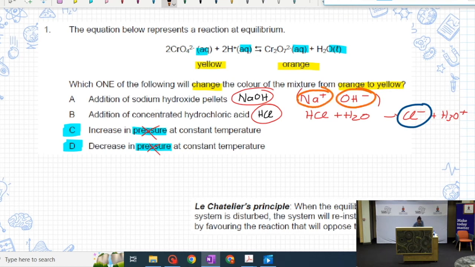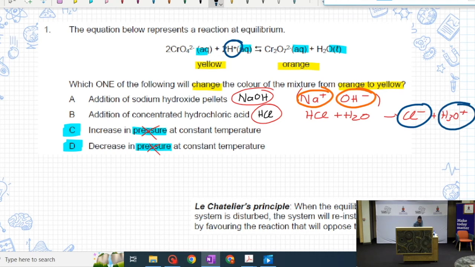Now if we take a look at this, can you see this H plus? Does everybody see that? You all know H plus ions are often referred to as protons, and they can't exist on their own. Normally they exist in this form. Do you agree with me?